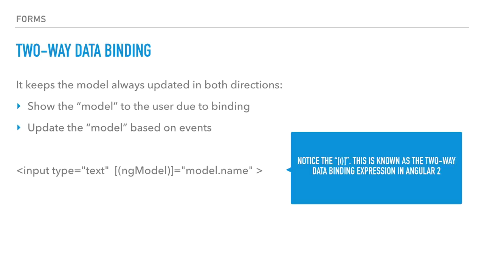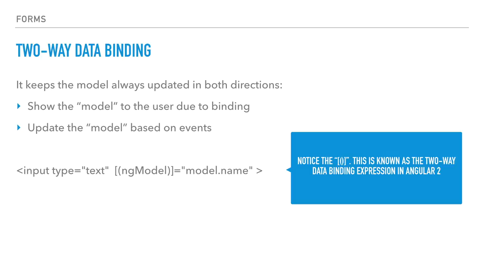Also, we mentioned that we can do the binding of our model and display these values in a view, right? So if you combine these two concepts from the previous slides, then you have the two-way data binding.